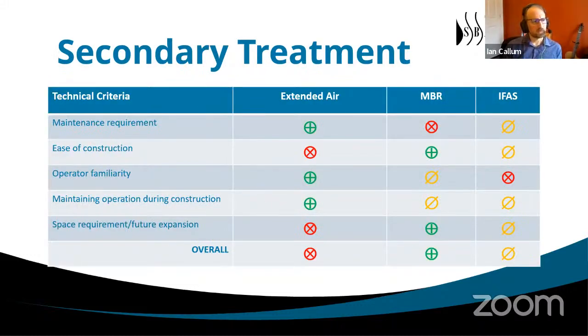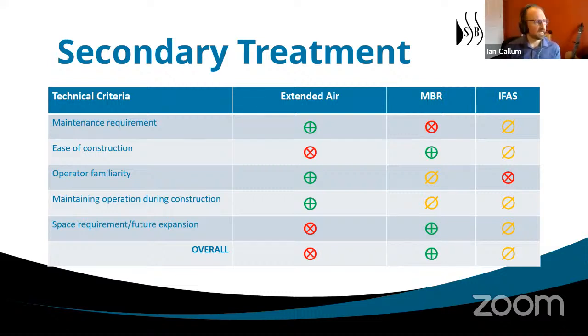Like denoted on the last slide, when we were comparing the different options, the green symbols indicated the preferred option. A yellow symbol would indicate that it's in the middle, and the red symbol would indicate that it was the least preferred option of the three. So we did compare the current technology of extended aeration, the membrane technology, and another similar technology called IFAS.